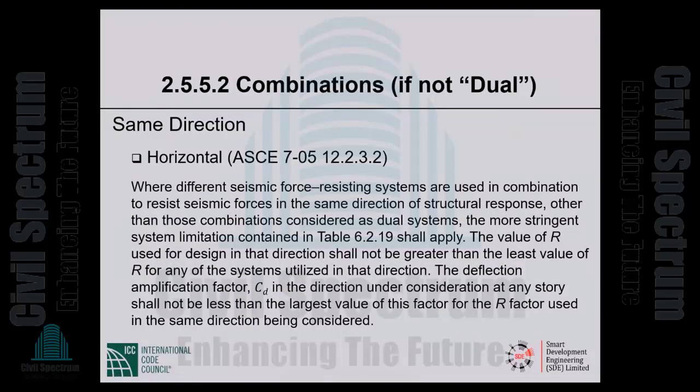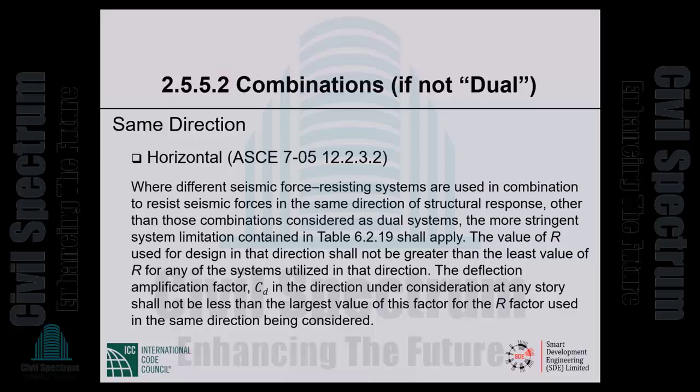Combinations of structural systems are talked about in ACI 7 as well as BNBC. If you have a combination in the same direction, moment frame and shear walls, and the combination is not designed as a dual system, then the rule is that you shall design for the lowest R value of all the systems that are strung together.